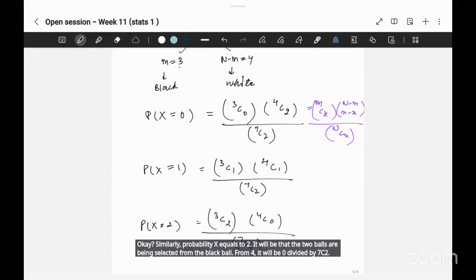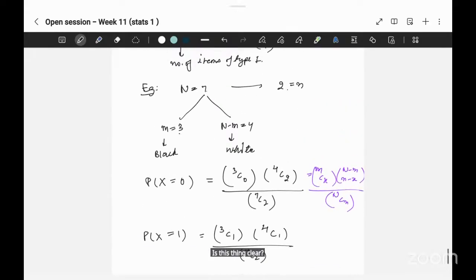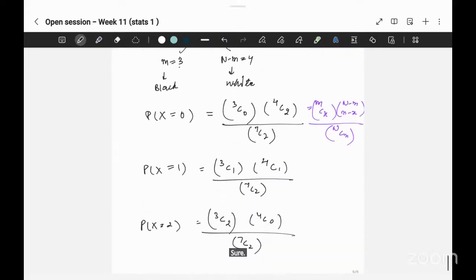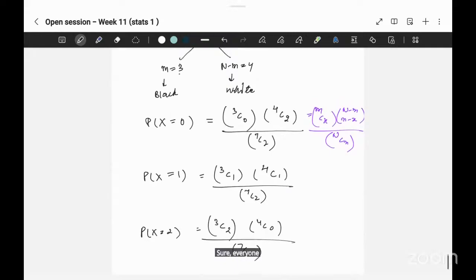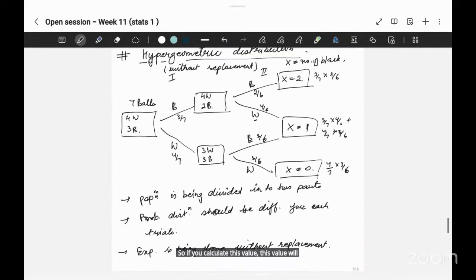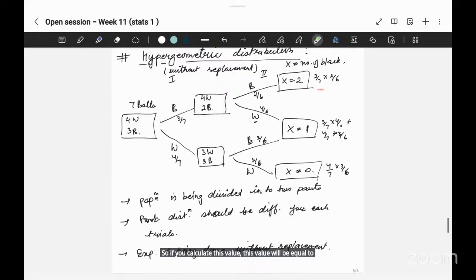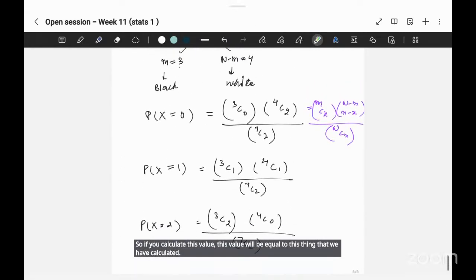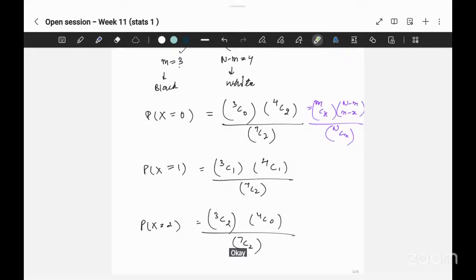Is this clear? If we calculate, this value will be the same as what we have calculated. Okay, so this is what my hypergeometric distribution is. Clear?